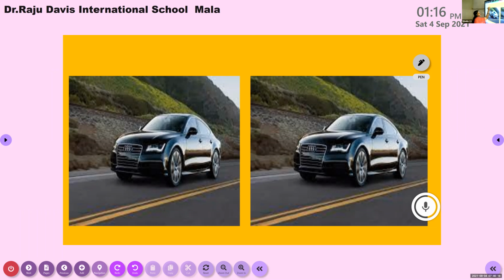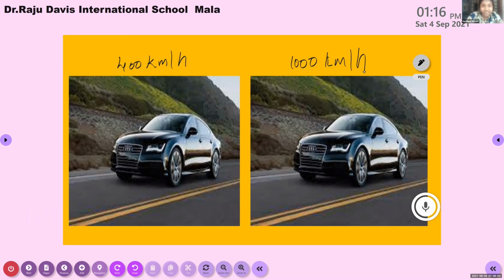Suppose this one is traveling at 400 km per hour and this one at a velocity of 1000 km per hour. What do you think? To which car do I need to apply a greater force in order to stop its motion? The second one.